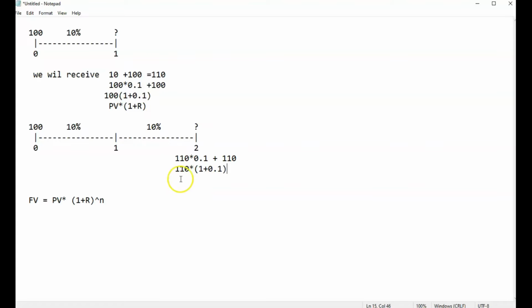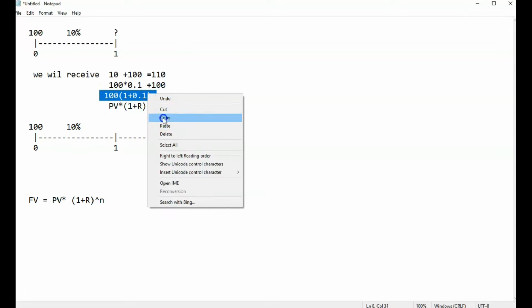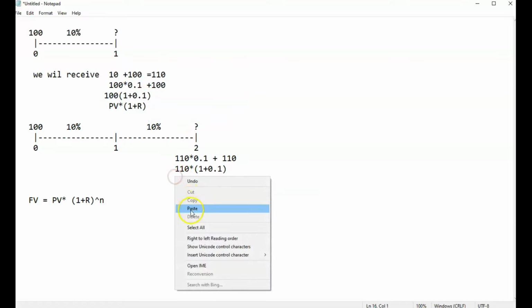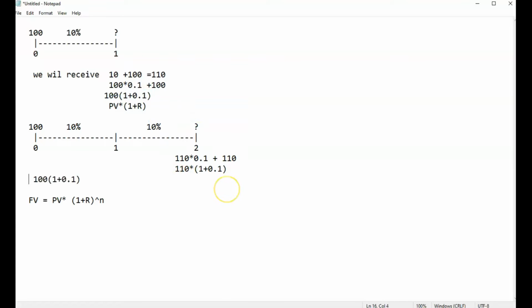So this is the new present value times (1 plus R). Because 110 itself equals 100 times (1 plus R), we just multiply by this one again.